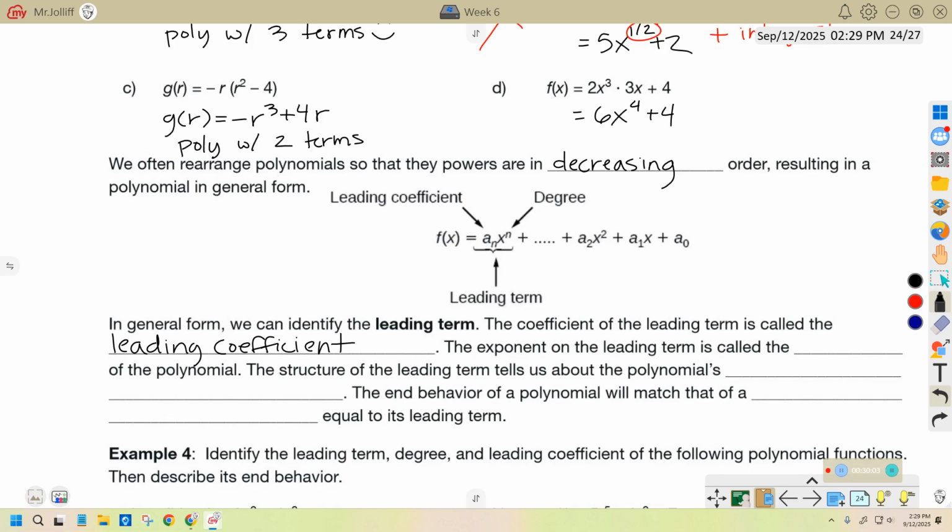The exponent on the leading term is called the degree. The sign on the leading coefficient and the degree determine the polynomial's end behavior.